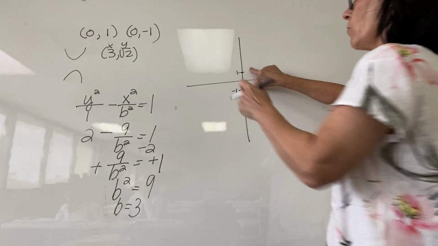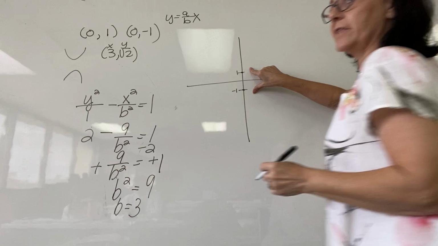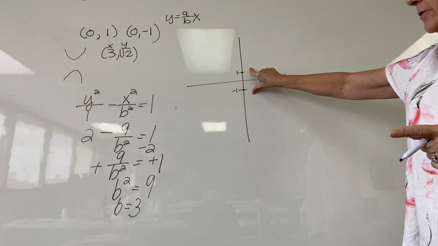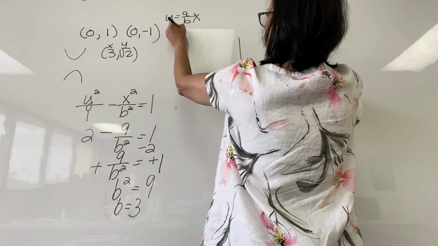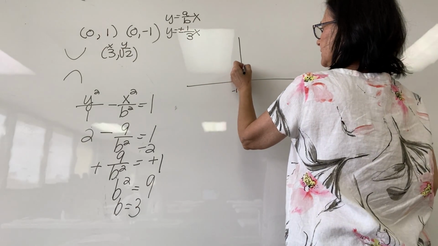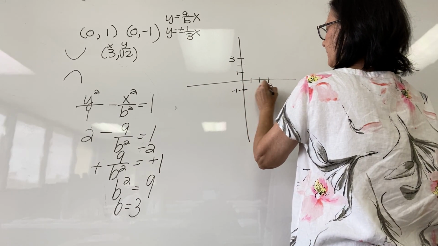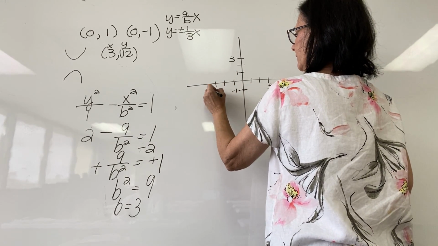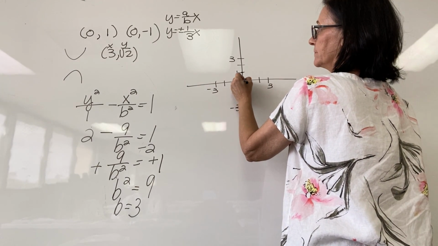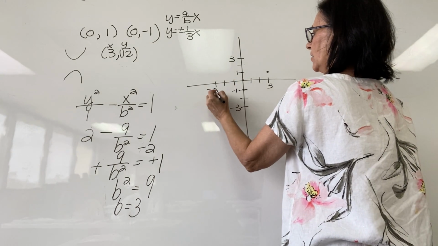All right, my A value is on my y-axis, so that's in the numerator when I'm thinking my asymptotes, right? My A value is 1, so it's going to be y equals plus or minus 1 over 3 x, and I'll do my asymptotes. All right, we'll start at the origin, and we'll go up 1 over 3, down 1 over 3.